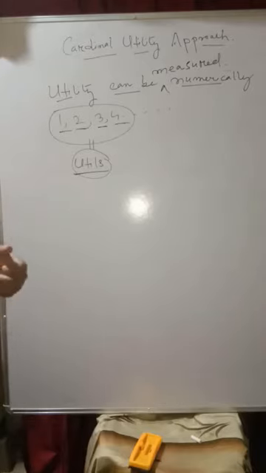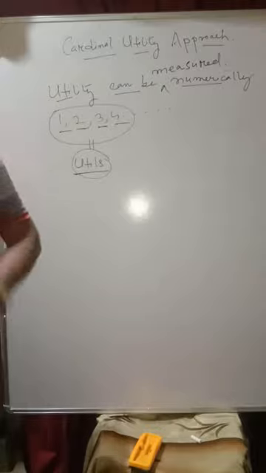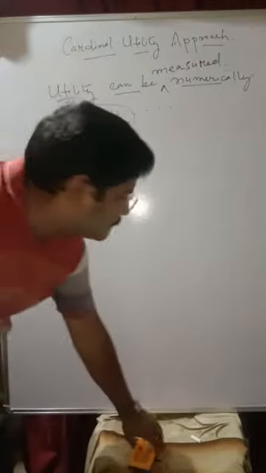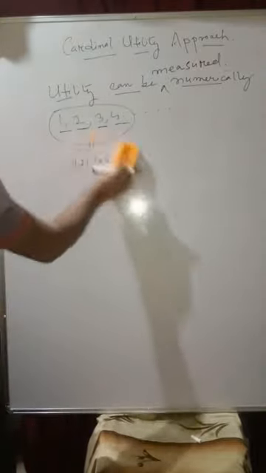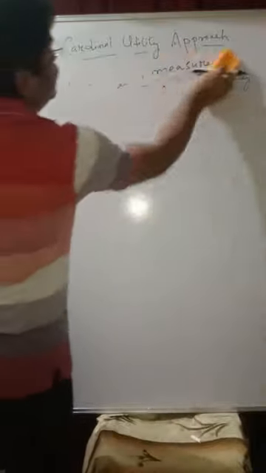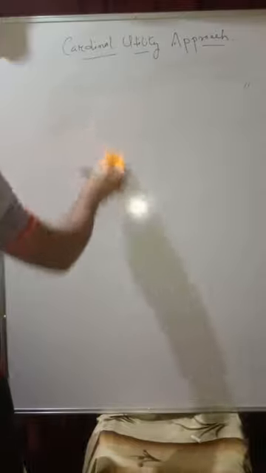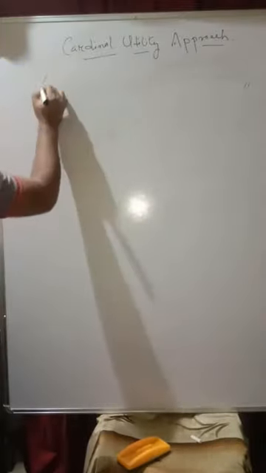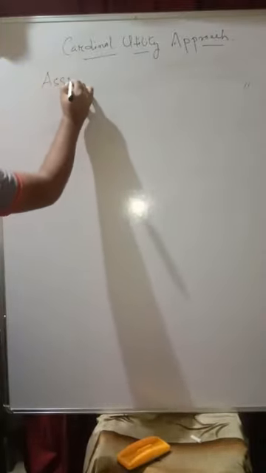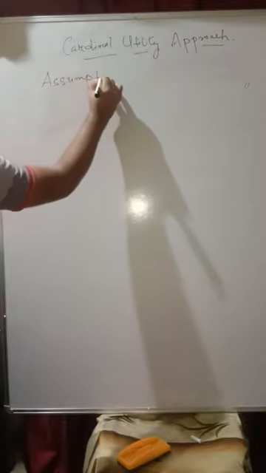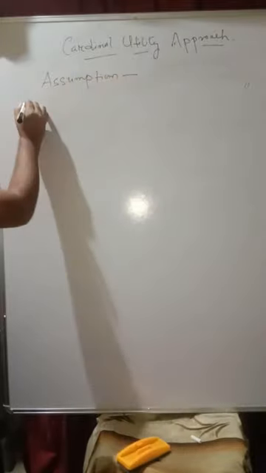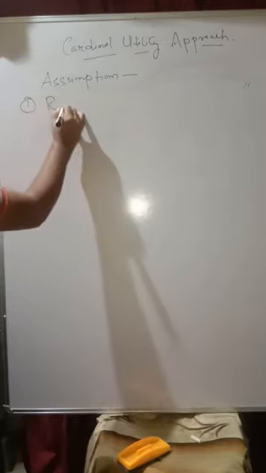Now under the cardinal utility approach, there are certain assumptions. What are these? First assumption is that the consumer is rational.